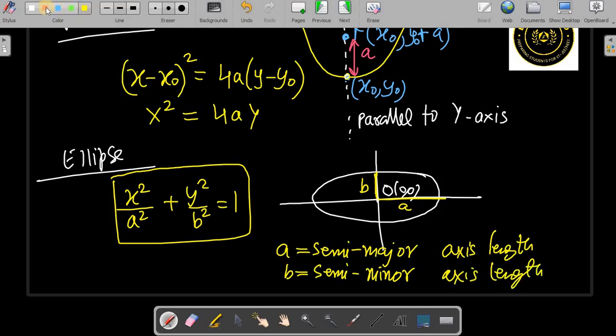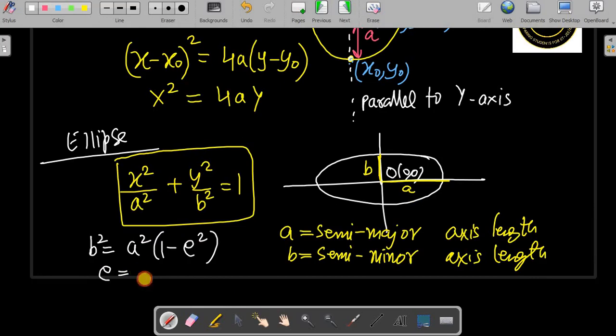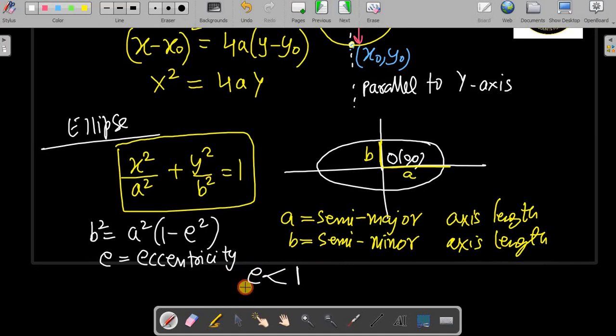Also important to note here is that b square is equal to a square (1 minus e square). Here e is called the eccentricity, and the value of e is greater than 0 and less than 1.